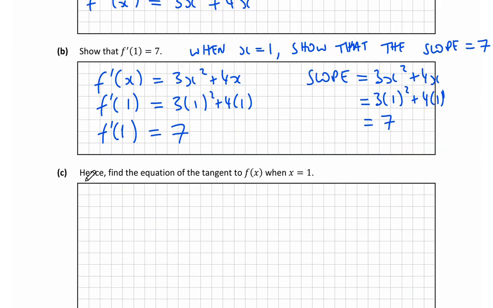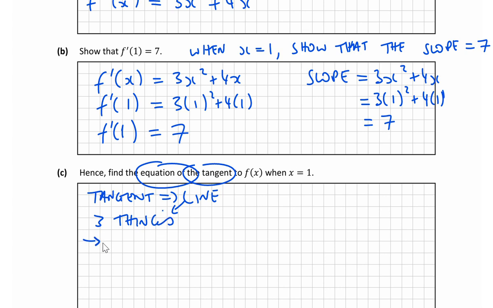Prove that. Then it says, hence find the equation of the tangent to f of x when x equals 1. So we know for the equation of a tangent, a tangent is a line. And for a line, you need three things. Number 1, the slope.